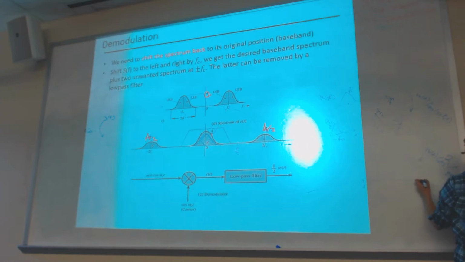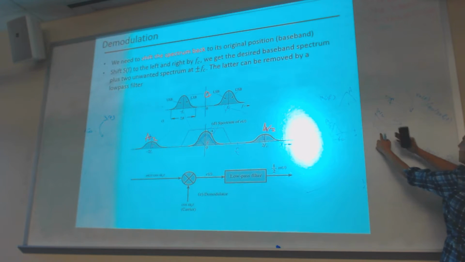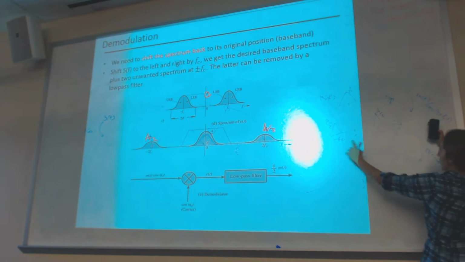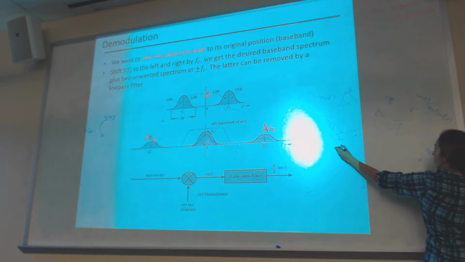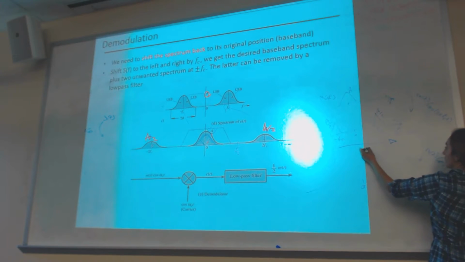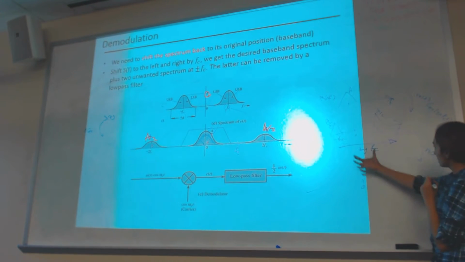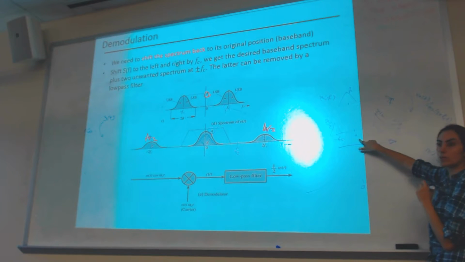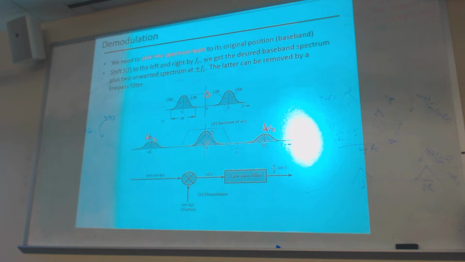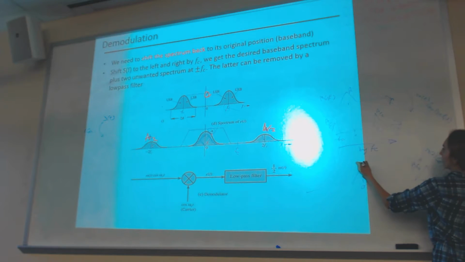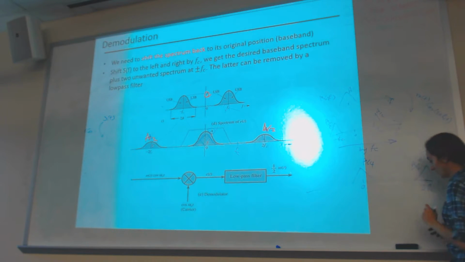This one will be mapped to 2Fc. Fc added with another Fc gives 2Fc. Minus Fc added by Fc goes to 0. So shift the whole thing by the amount of Fc. This one will go to 2Fc, but because we have a half, this becomes A over 4.